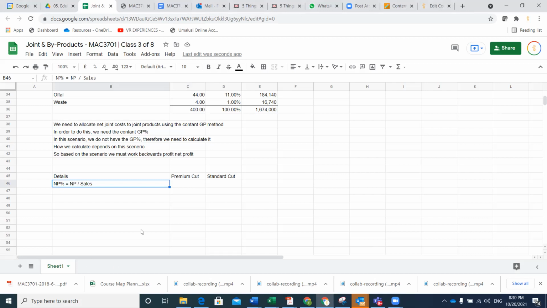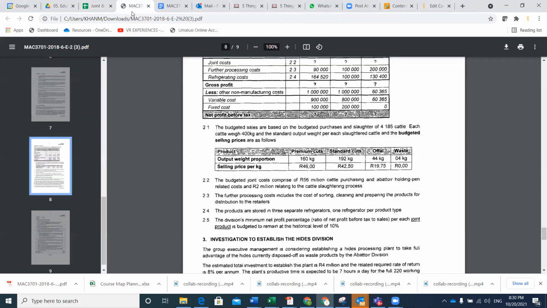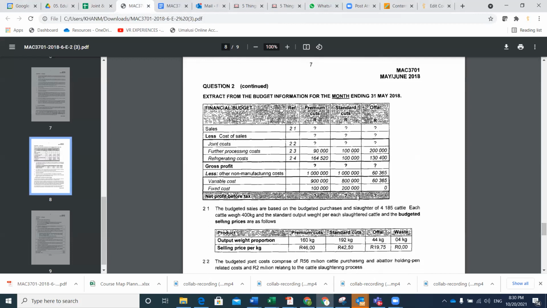Let me show you quickly over here. In this scenario, we don't know what sales is, we don't know what cost of sales is, we don't know what the joint costs are, and we don't know what net profit is. In order to get gross profit, we need sales minus cost of sales.